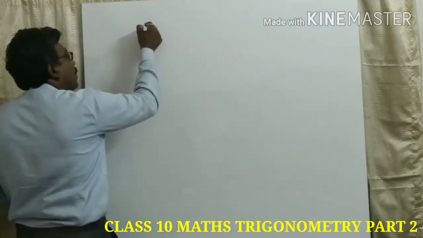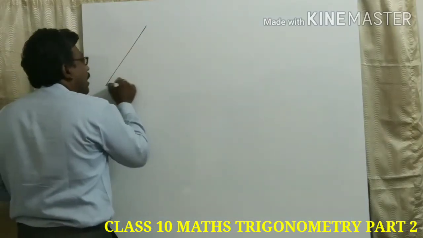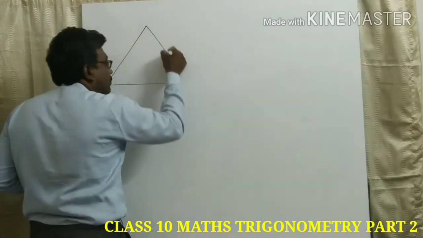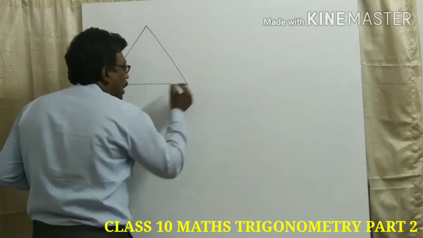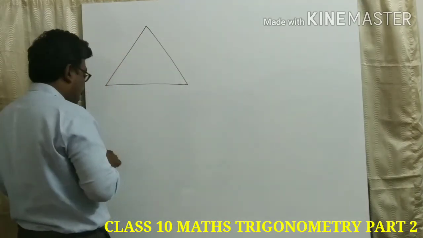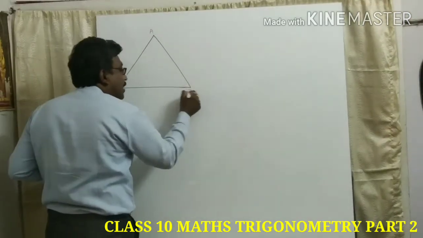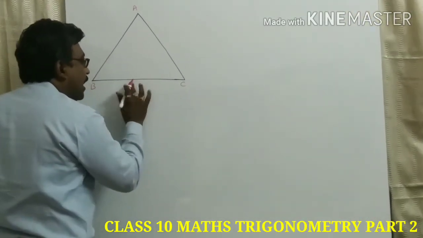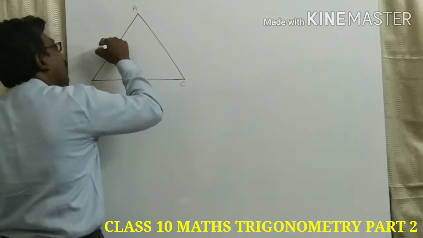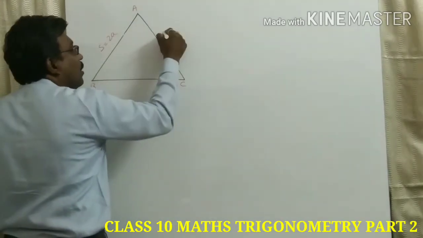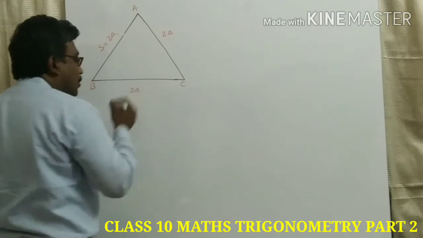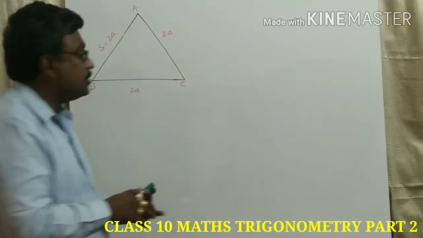Now, for that I am taking an equilateral triangle. ABC is an equilateral triangle of side 2A. Each side is equal to 2A units.